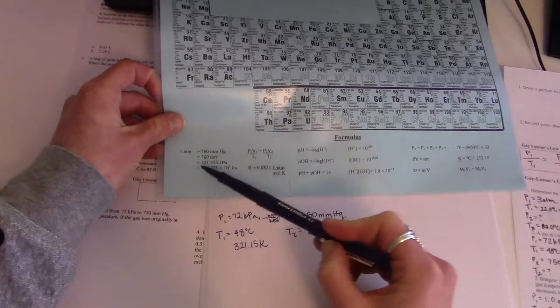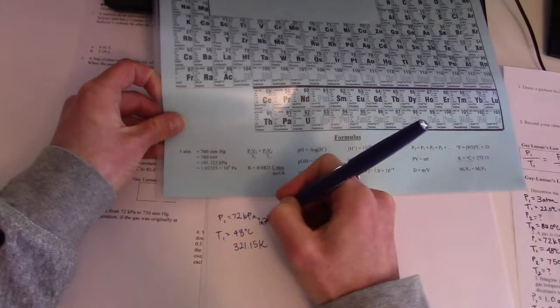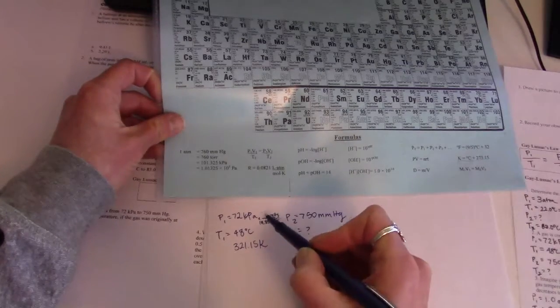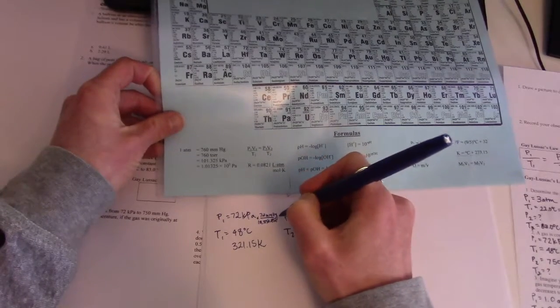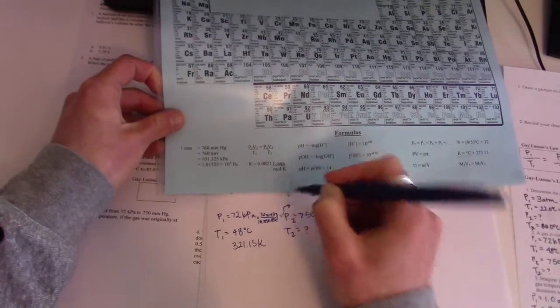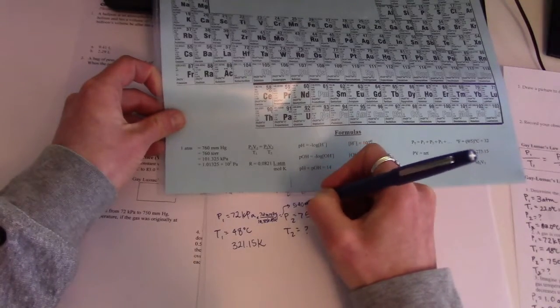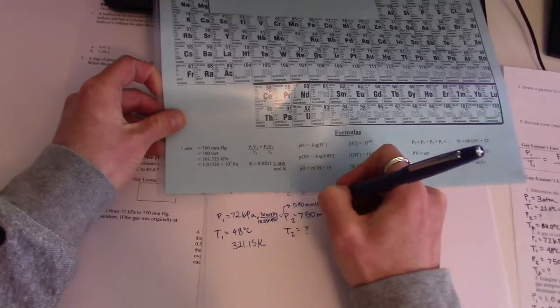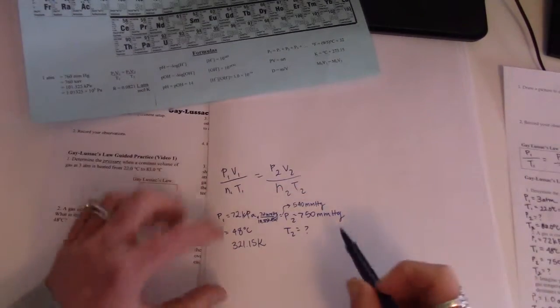So it says 101.325 kPa and 760 millimeters mercury are equivalent amounts. Okay, when I calculate that, I get 540 millimeters mercury.